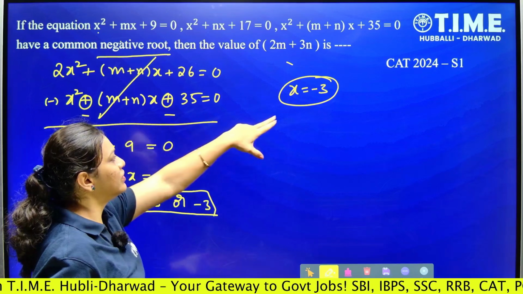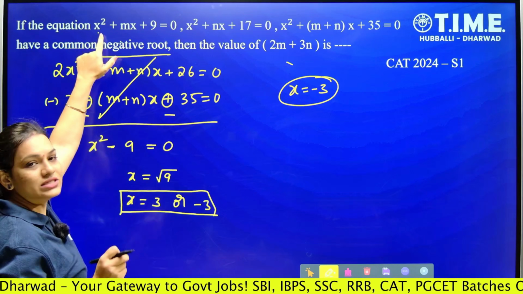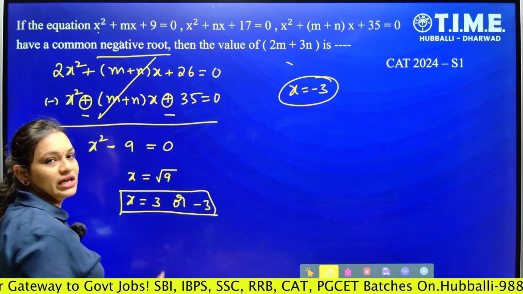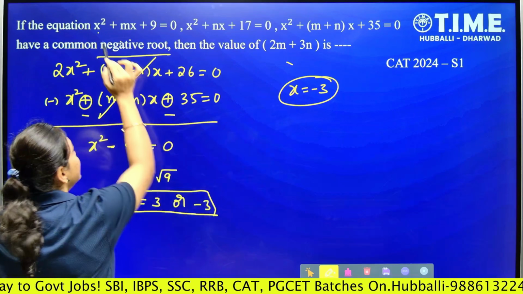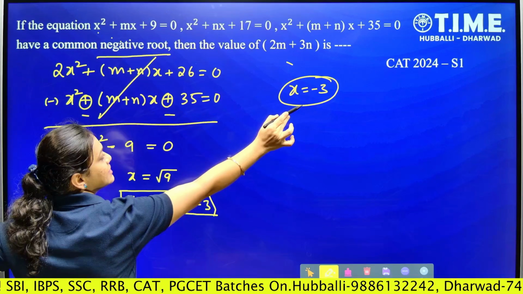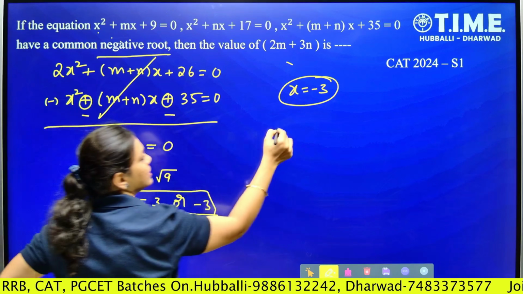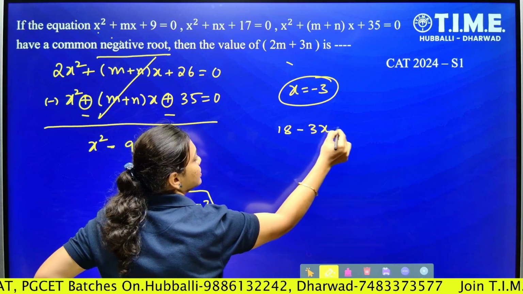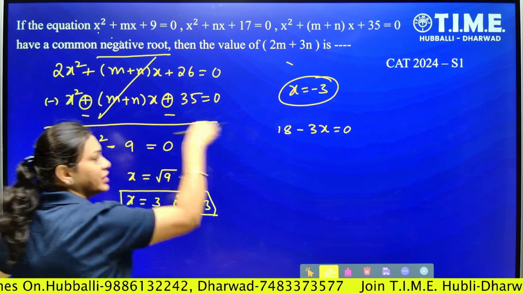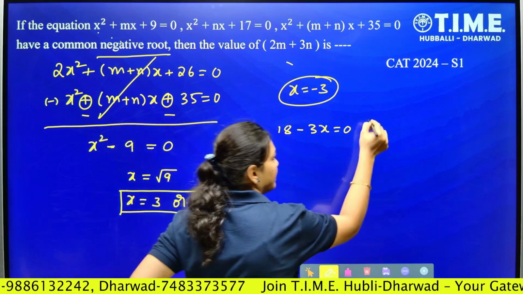If I substitute x as minus 3 in the first equation, minus 3 square is 9, plus m into x, in the sense it is minus 3m, plus 9 you will be getting. 9 plus 9 is 18, so 18 minus 3m is equal to 0. I hope it is clear. Just pause the video and substitute and check it. So 18 minus 3m is equal to 0, one equation I am getting.